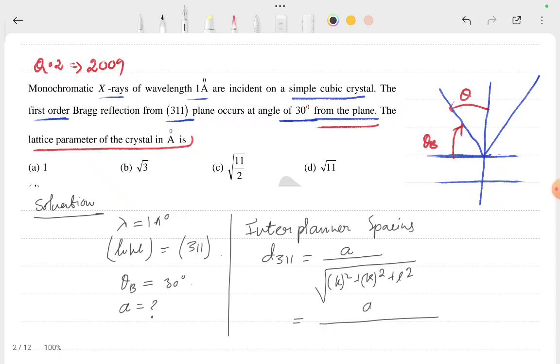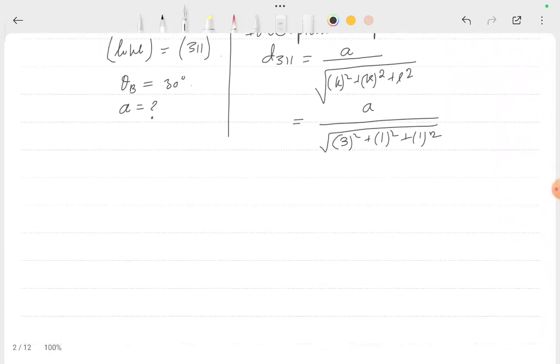So a upon root of 3 square plus 1 square plus 1 square, that equals a upon root of 9 plus 1 plus 1, which equals a upon root 11. Its unit is angstrom. So we get the interplanar spacing as a upon root 11 angstrom.